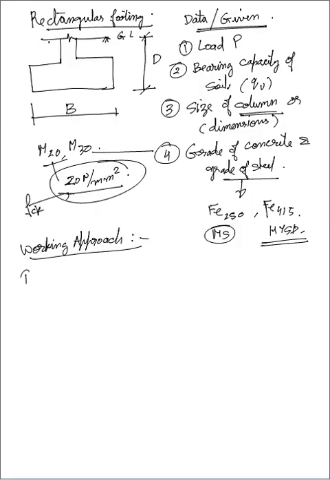First is the foundation size, that we need to find out, what we will be providing. I will be explaining each and every step in detail, but first we will write down the working approach.